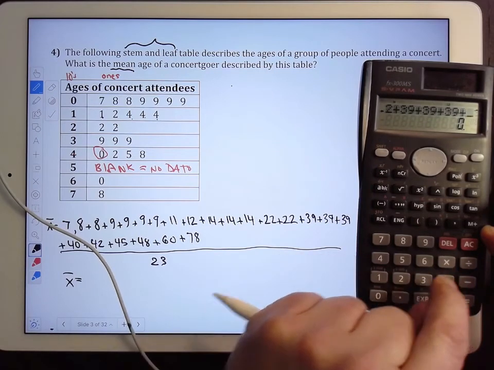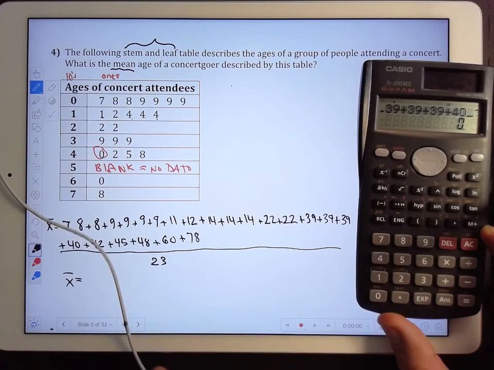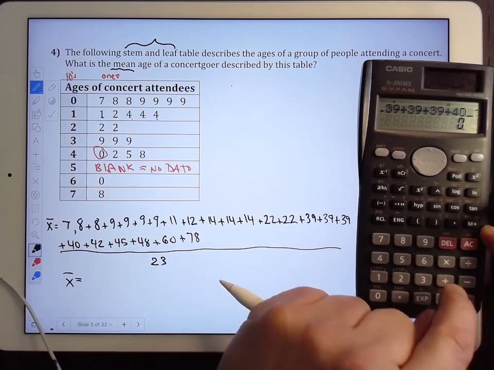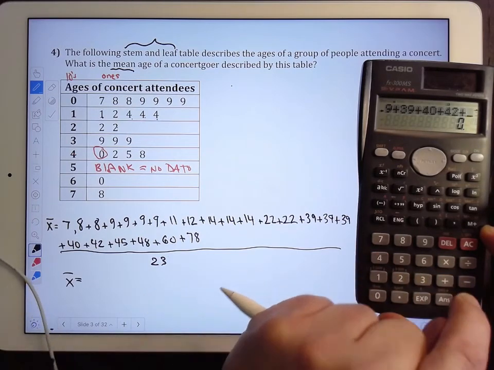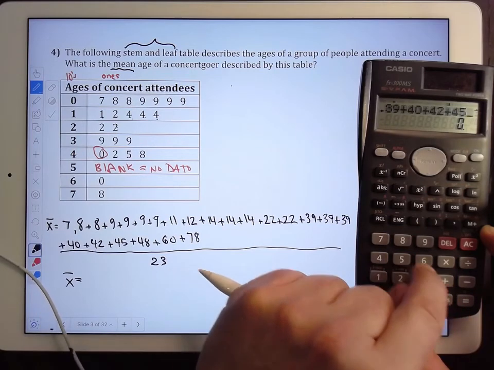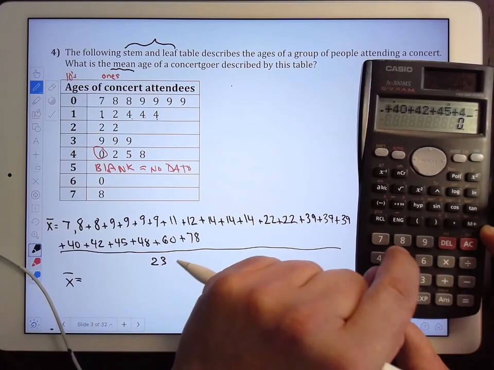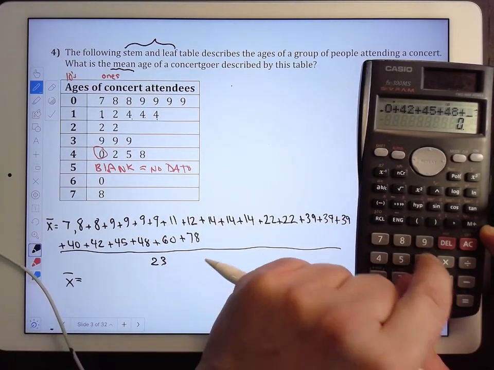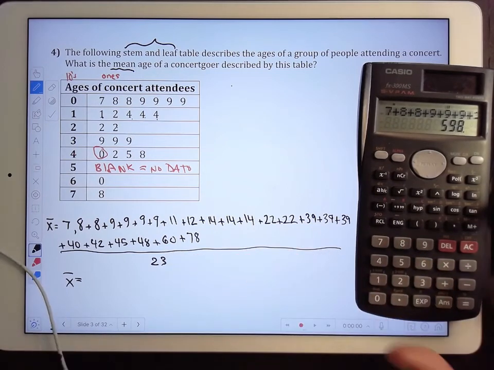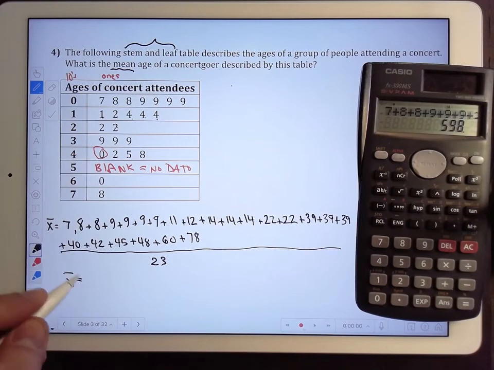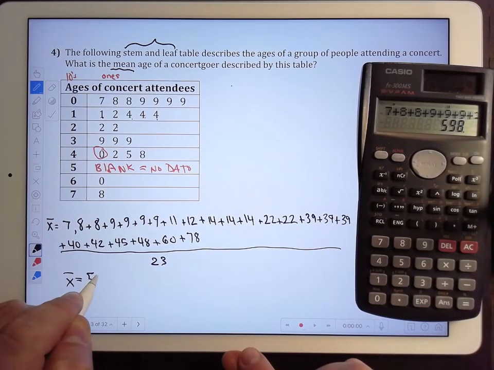Getting close now. Plus 40. Sorry, my cable's there. Plus 42 plus 45 plus 48 plus 60 plus 78. Whew. 598 is what we get for the number of years, though, there.